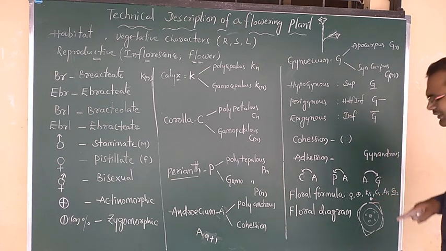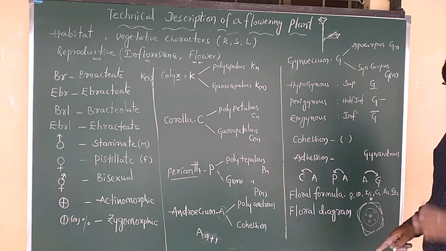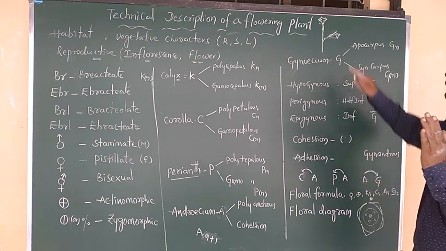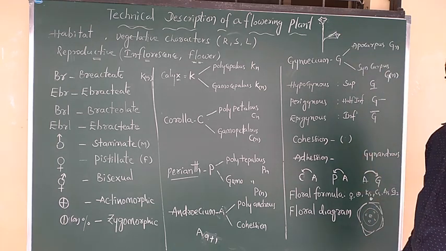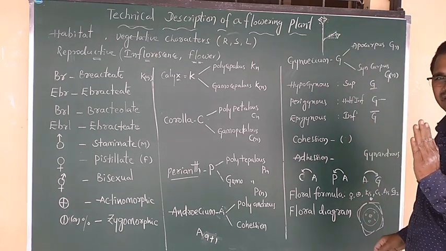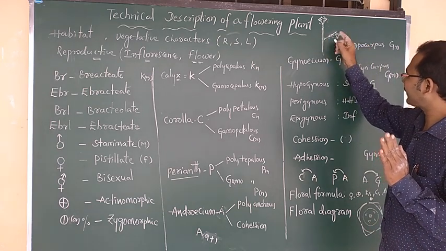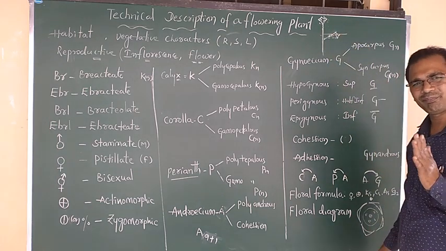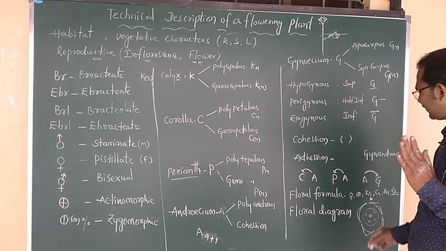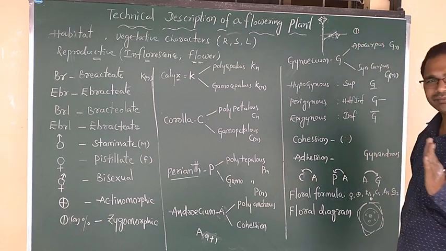This solid symbol indicates how the mother axis is arranged with respect to the flower. For example, if the mother axis is at a 90 degree angle to the flower, the symbol is maybe like this.